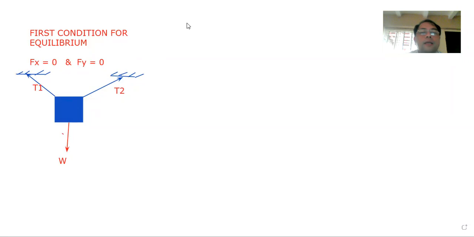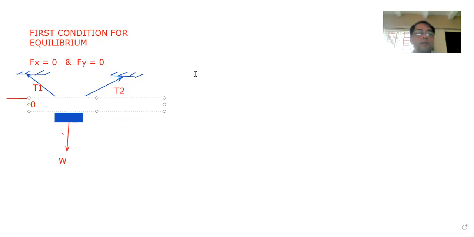And let's say that horizontally, if this is the horizontal line, our cable forms a certain angle. So maybe somewhere here, we have theta sub 1, or angle 1.